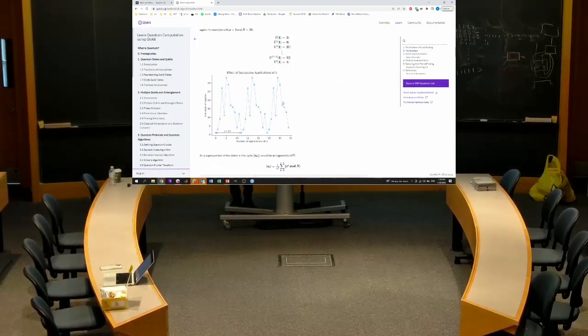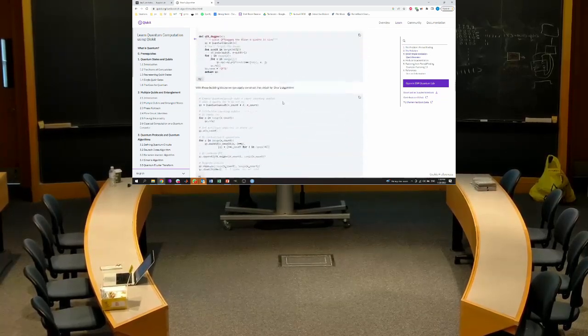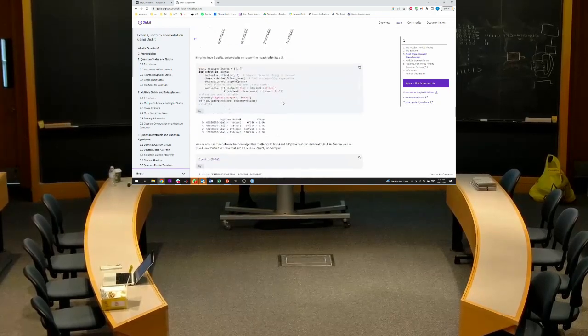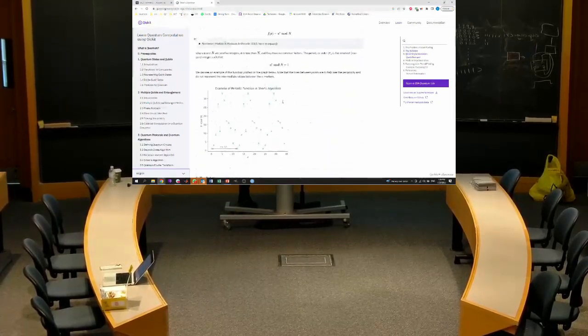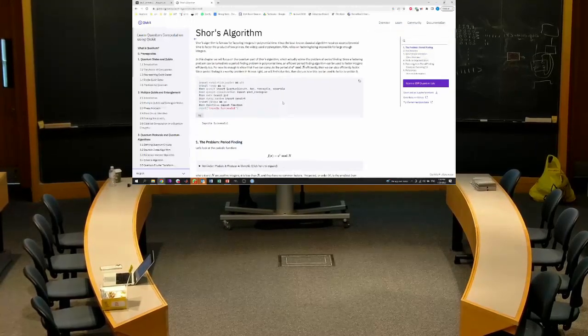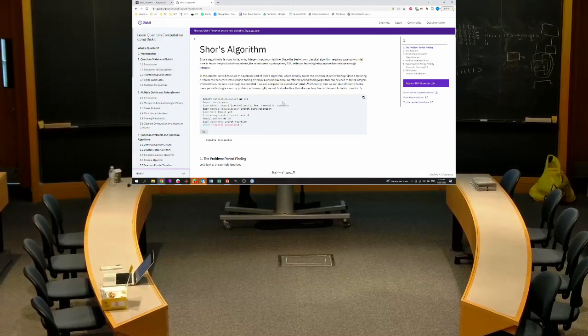Because if we just try to use classical algorithms to do matrix multiplications, we're just going to waste cycles. We're not actually going to benefit from the quantum properties. So how are we designing the algorithms to benefit from the quantum?